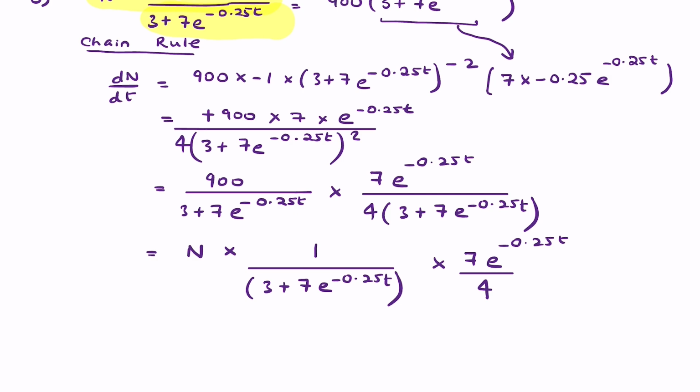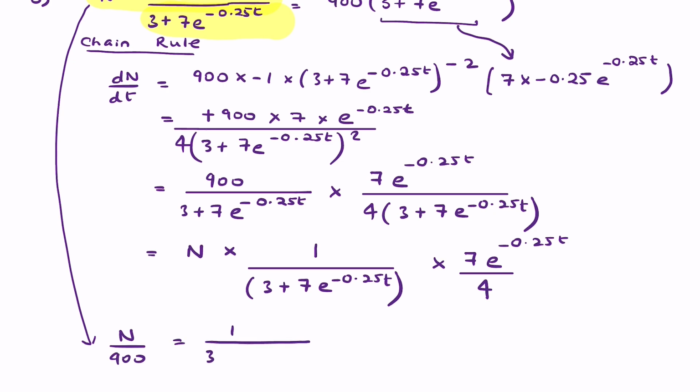Now, what do I further notice? Well, I notice that in my main equation highlighted in yellow, that 3 plus 7e to the power of minus 0.25t is also in the denominator. So if I bring that right here and manipulate it slightly, if I divide both sides by 900, then I would end up getting 3 plus 7e to the minus 0.25t, exactly the way I want.